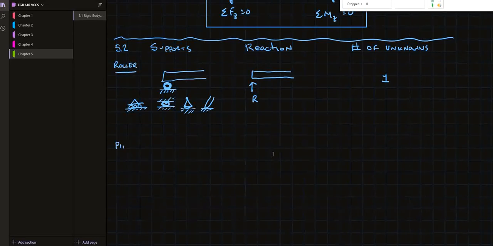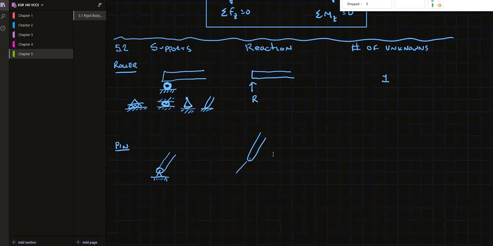We can have a pin that is a little similar, but not exactly the same, because a pin is constrained, attached to the ground, and a pin might look like this. The reaction we end up getting is, let's do this coming in at an angle so I can draw two here.